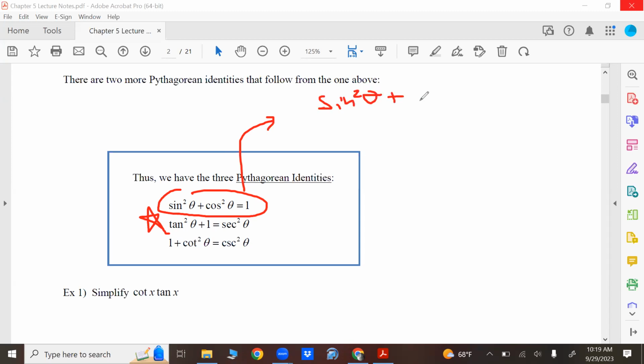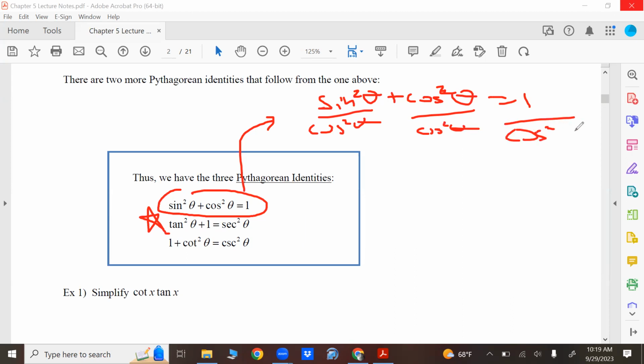So if you're ever stuck on recall, how to remember these, you could derive them by simply dividing, because you know one's going to have a tangent involved, right? So if you do that, and you square both sides, guess what you get? You get tangent squared plus 1 equals secant squared theta. Boom, boom, boom, right? Really easy.